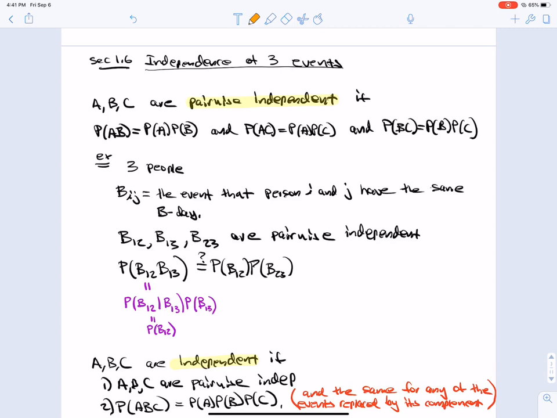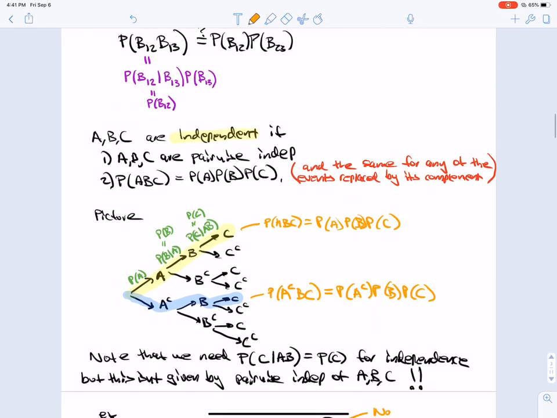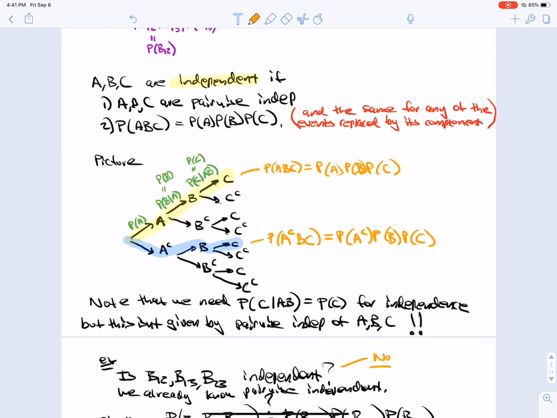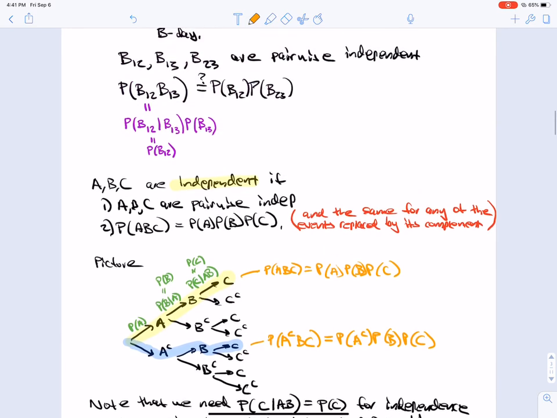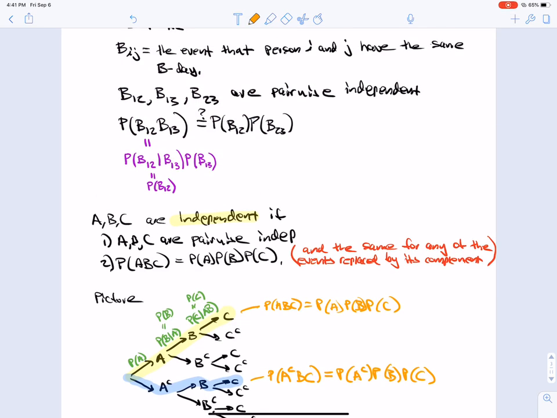And so we can see that this is pairwise independent quite easily. However, we'll shortly see that B12, B13, and B23 are not independent.